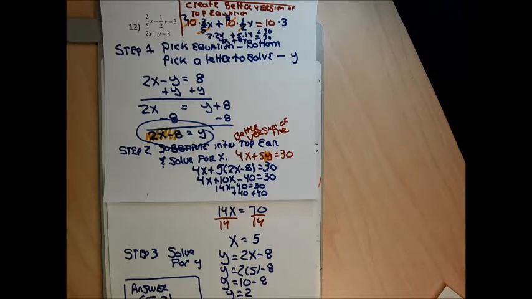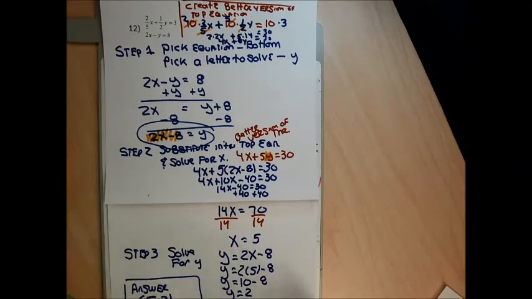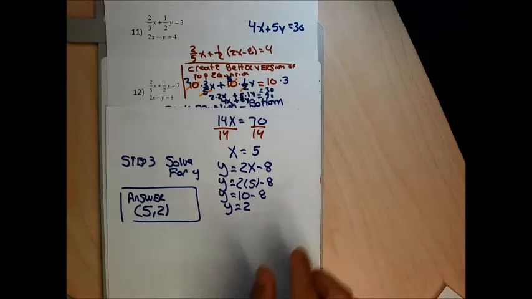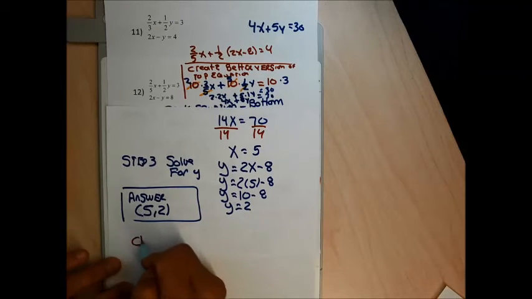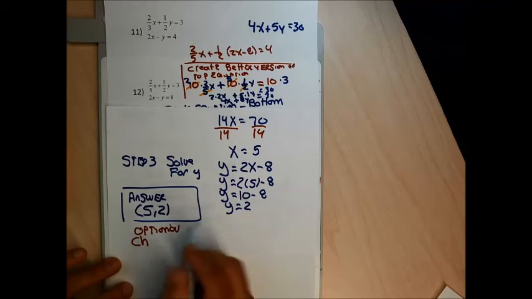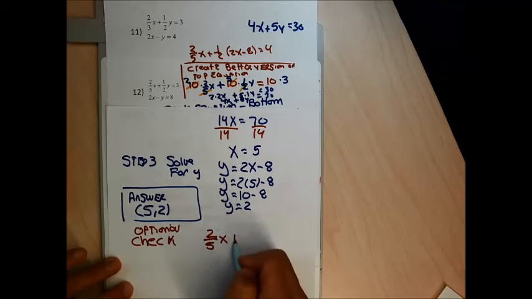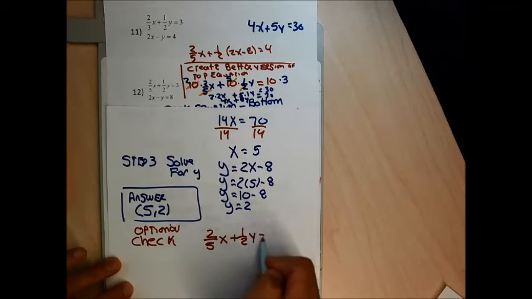Because I started with such a horrible equation, maybe I should take the time to check. Now I'm going to check in the dirty equations. So I'm going to check, and it's optional. The first equation started off as 2/5 x plus 1/2 y equal to 3.